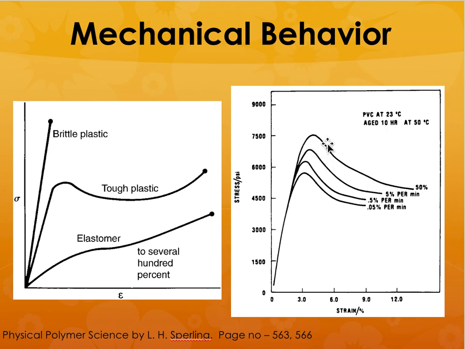Or you can say the crosshead will move at a certain rate. So you pull it extremely fast, it will show that it is much stronger and it shows a much higher strain percentage. This is for polyvinyl chloride. It has been aged for 10 hours at 50 degrees centigrade, so some of the strain and things like that have been removed, and then you are pulling that at a very fast rate. So the higher the strain rate or higher the stressing rate, the higher the strength and higher the strain to failure, for this material.